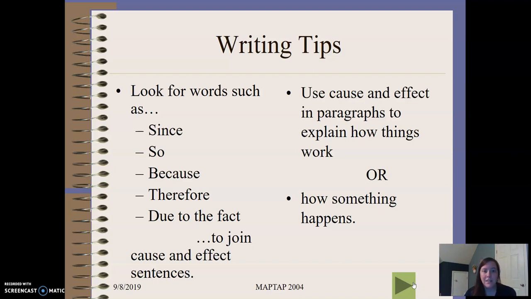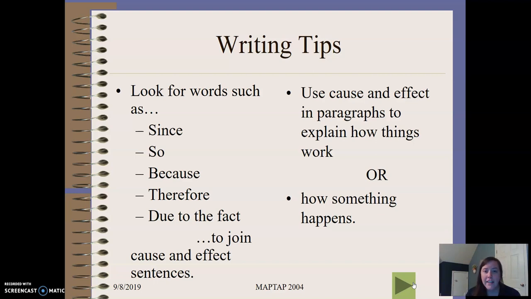So words like since, so, because, therefore, due to the fact, even phrases like as a result of can help to show cause and effect. And these are phrases and words that I want you to be working on using if you plan to write a cause and effect essay.